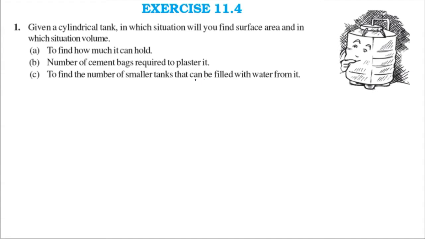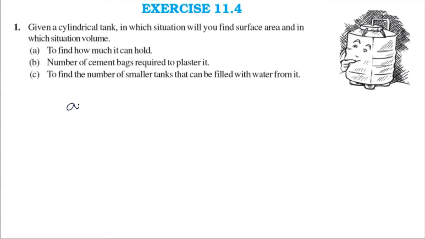We find area when the region is covered by the boundary, such as the outer and inner surface area of the cylinder, cone, sphere, like that. And for the amount of space occupied by an object, such as water, milk, coffee, tea in the containers, we need to find the volume of that particular object. Here, the first one is to find how much it can hold.